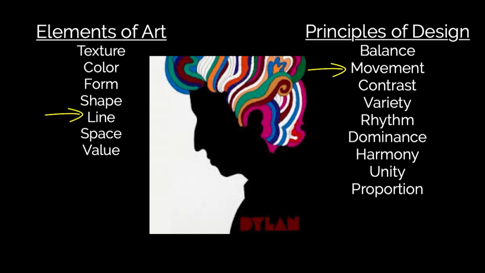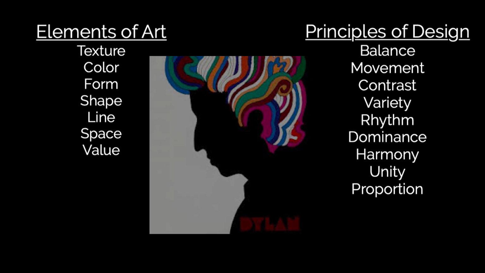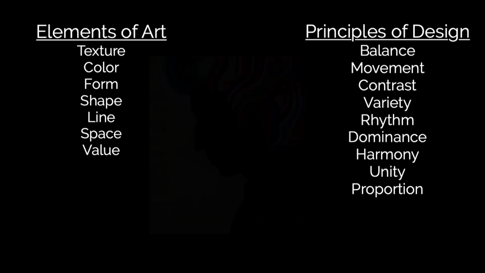So I would say that the line is creating movement because it causes my eye to move from the center of the piece first to the upper right hand corner and then move about the piece. So even though it's not physically a moving piece, it does create this idea of motion in there. Let's take a look at another example.